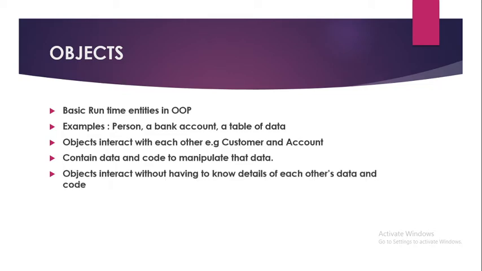As I just said, objects interact with each other. While doing this interaction, objects interact without having to know the details of each other's data and code. Even though customer and account are separate objects, when the customer wants to check the balance of his account, what is important?